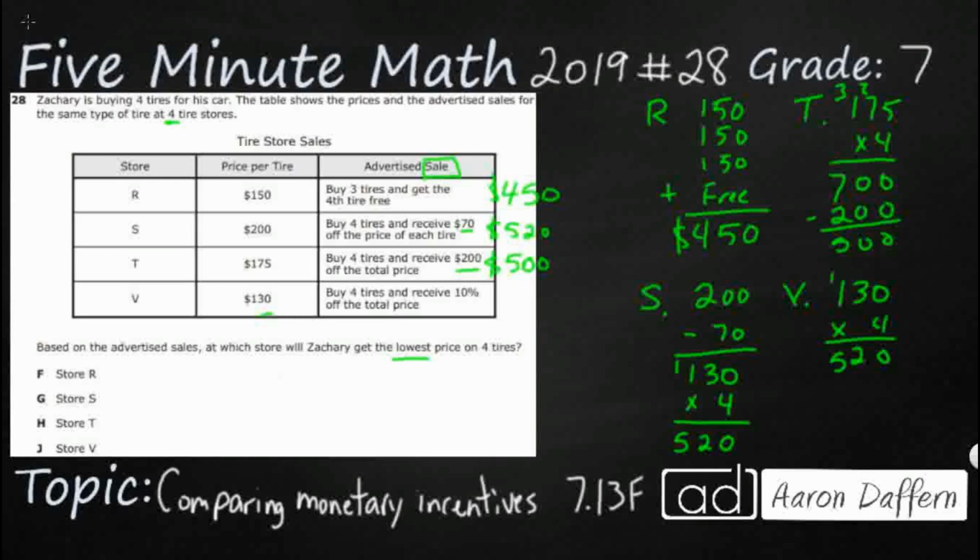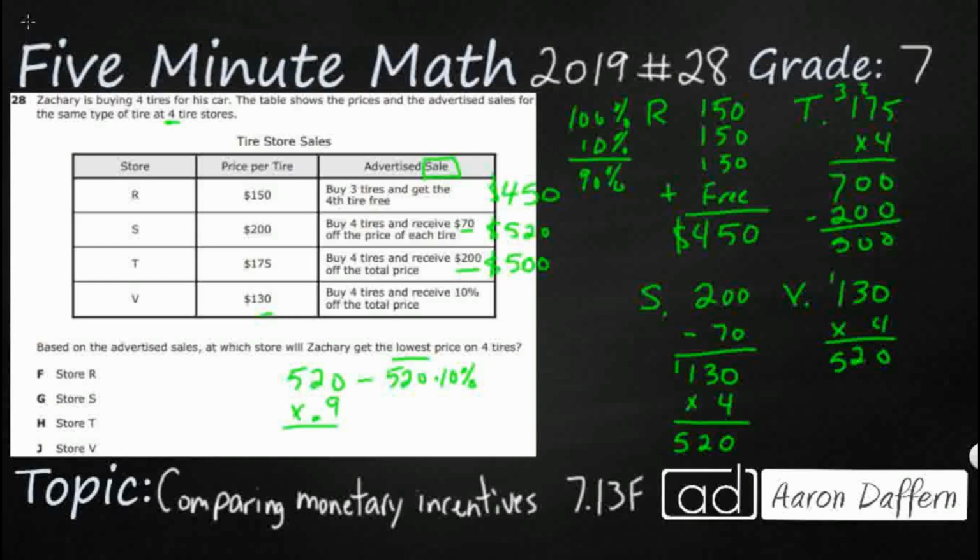We can either take your 520 and take away 10% of the 520, so we'd multiply the 520 times the 10%. Or we can just realize that if you take 100% and you take away your 10%, you get 90% left. So let's just multiply 520 times 90%. I'm going to do 0.9 just to make it a little bit easier, and that will give us the amount that's left.